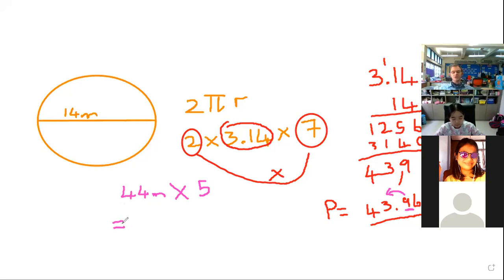What is our final answer for the total distance around the swimming pool? 5 times. You can tell me. Quickly calculate that. 44 times 5. What's the answer to 44 times 5?